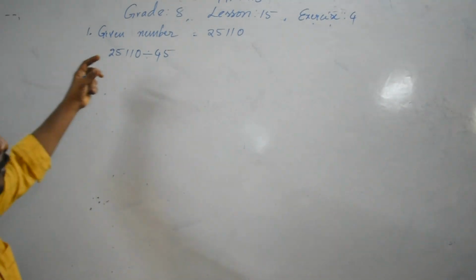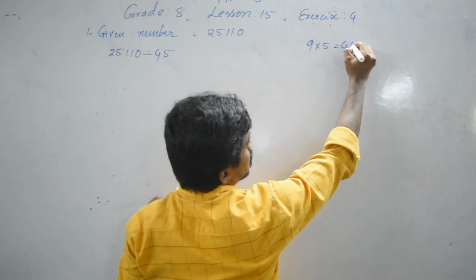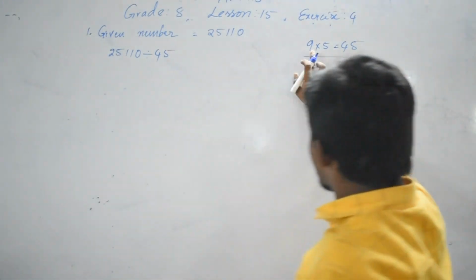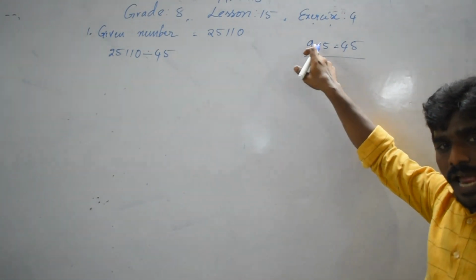What is the 45 divisibility rule? Here 9 fives are 45. So the 45 divisibility rule is the 9 divisibility rule and the 5 divisibility rule at the same time.